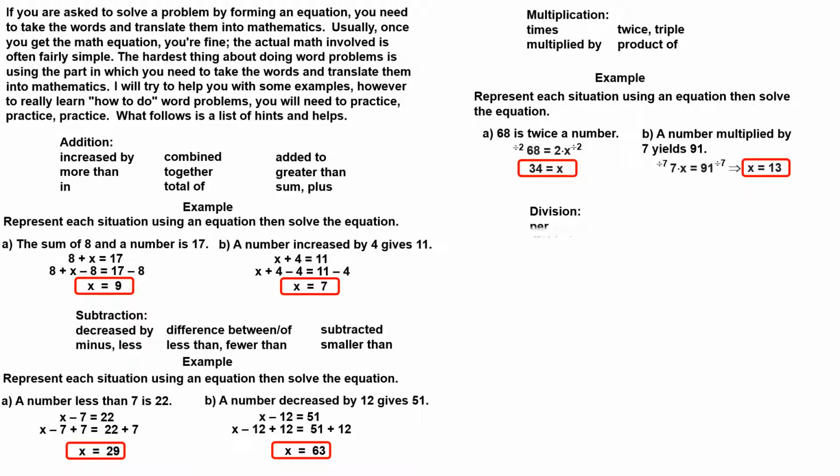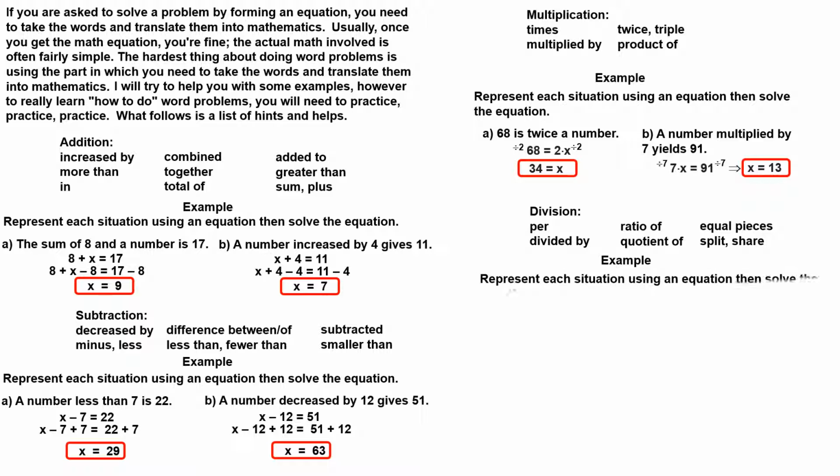Division: per, divided by, ratio of, quotient of, equal pieces, split, share. Example. The ratio of x and 5 is 105.